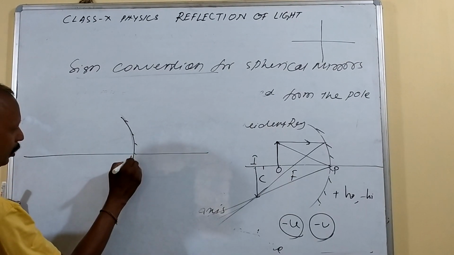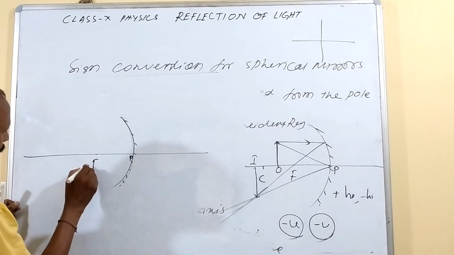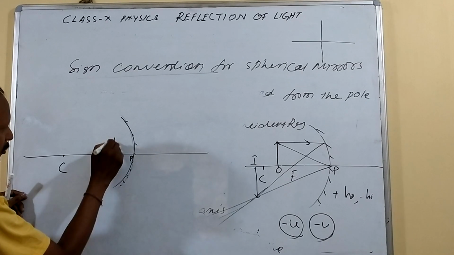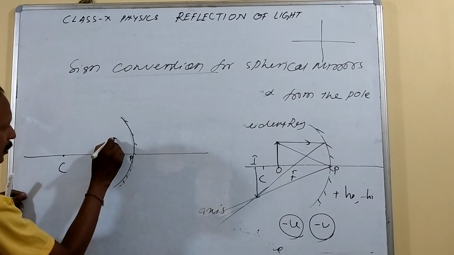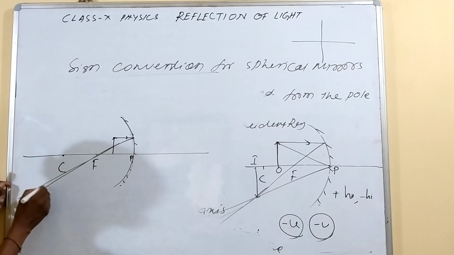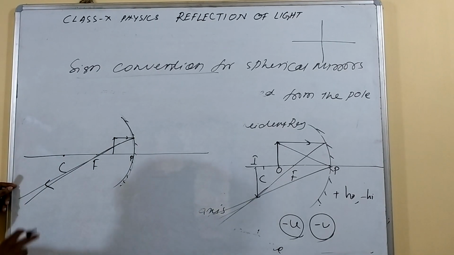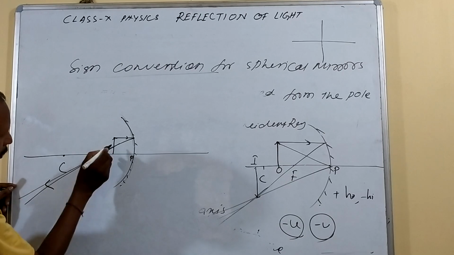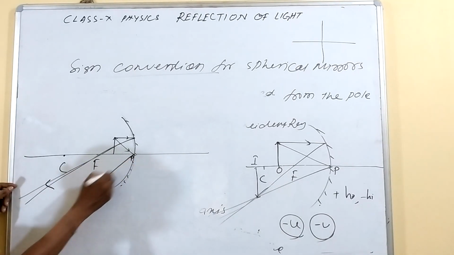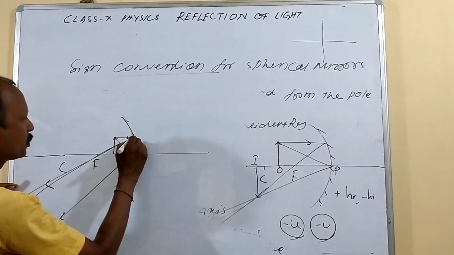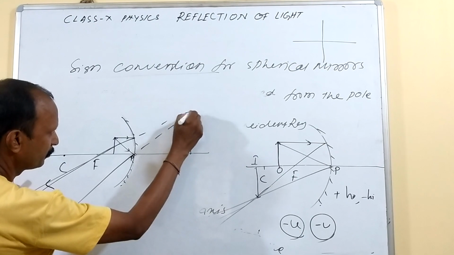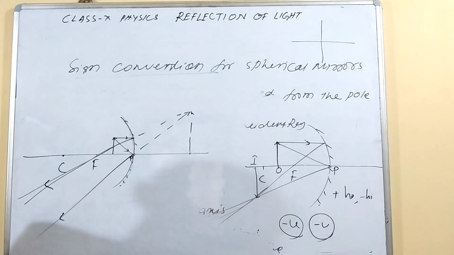This is the pole. This is the focus. This is the center of curvature. Suppose the object is here between pole and focus. How will the image form? See here. This is the incident ray. This is the reflected ray. These two rays, where are they meeting? They are meeting behind the mirror.